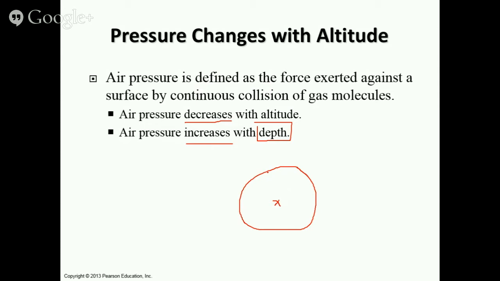So when gas molecules are really close to the surface of the Earth, we're going to have a higher level of pressure than at the top of the atmosphere or troposphere in this discussion. If there's an area slightly below sea level, which would be kind of weird, but we do have those locations, then we would have an even higher level there. So gravity is the driver of that.